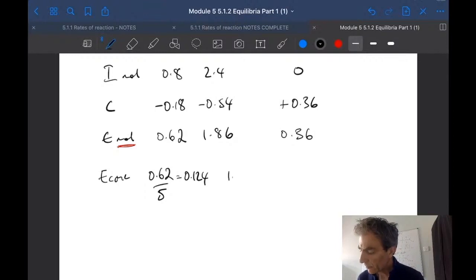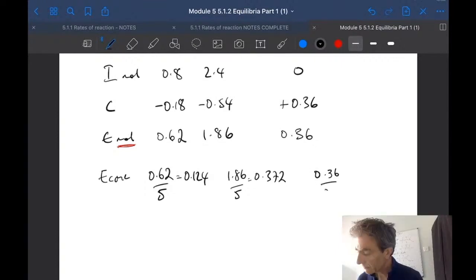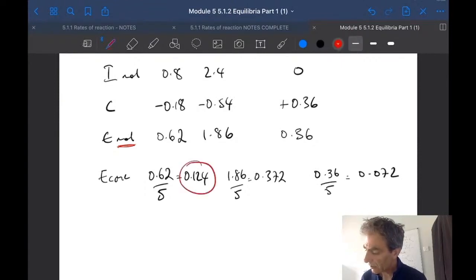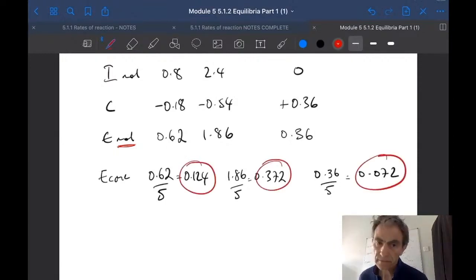This is 1.86 divided by 5, so that's 0.372, and 0.36 over 5 is 0.072. So these are the numbers that are going to go into the Kc calculation.